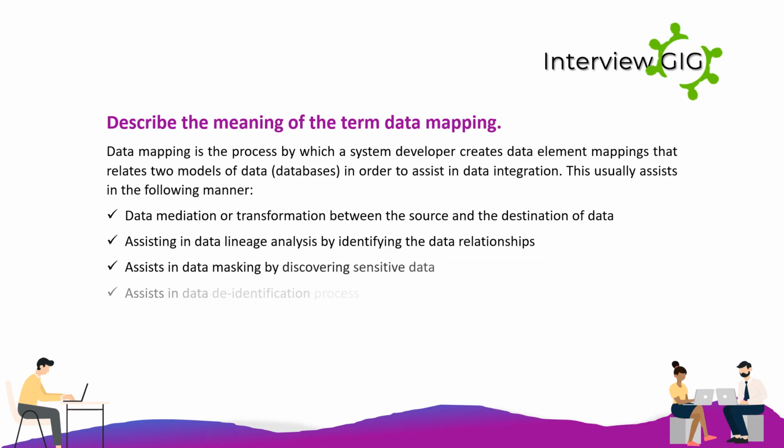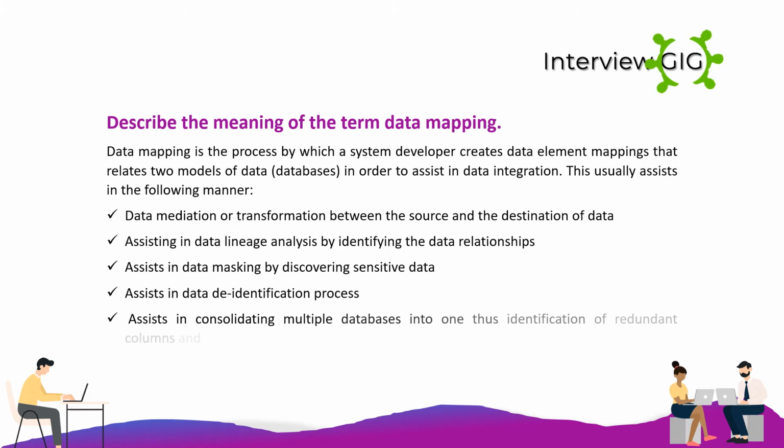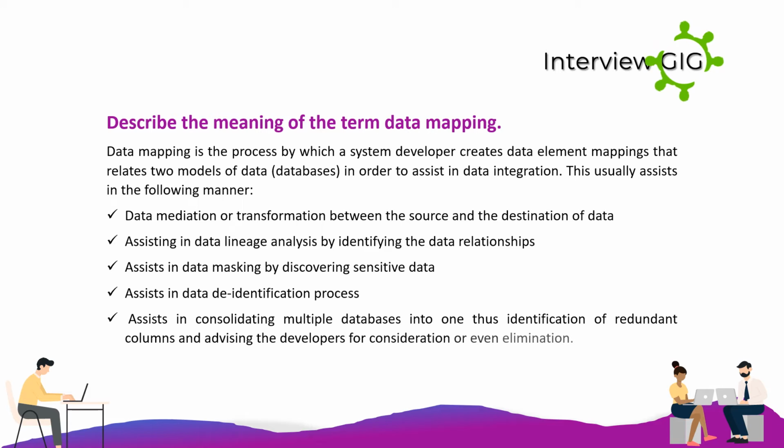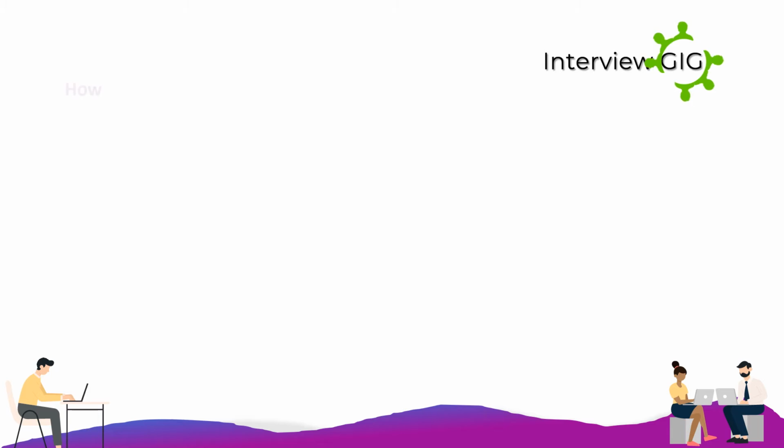Assisting in data lineage analysis by identifying the data relationships. Assists in data masking by discovering sensitive data. Assists in the data de-identification process. Assists in consolidating multiple databases into one, thus identifying redundant columns and advising the developers for consideration or even elimination. How is a business plan evaluated?